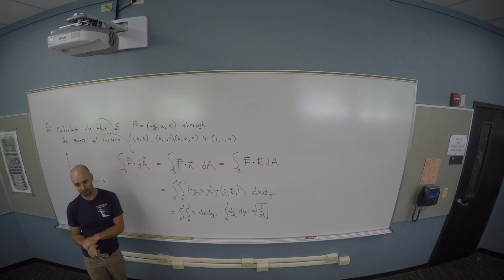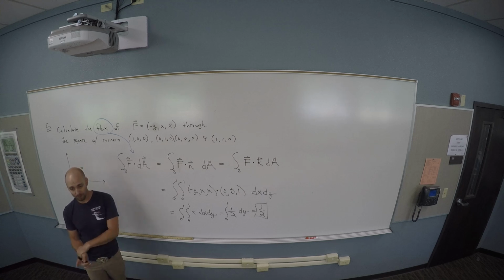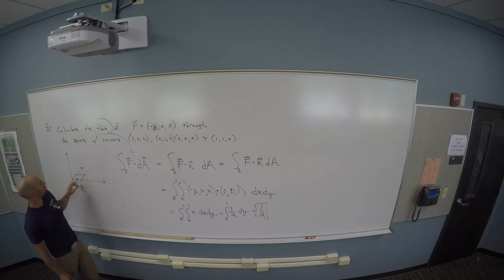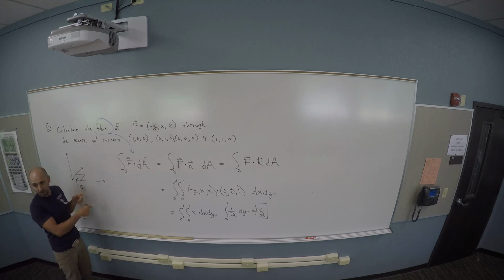Half a unit of volume per time unit. If we had units, it'd be a half of whatever that unit was per time. This is telling you, in 1 time unit, how much stuff goes through it.